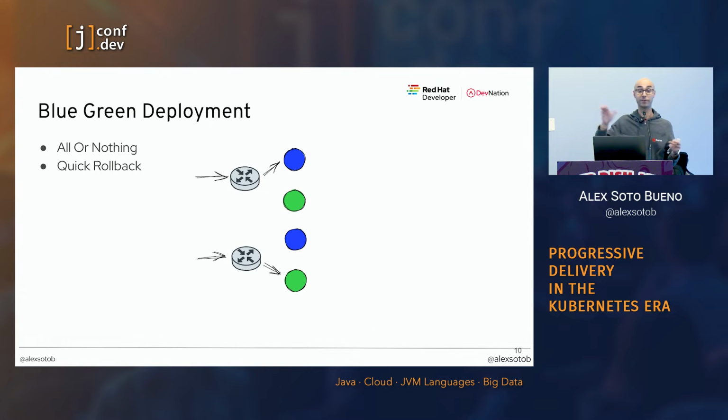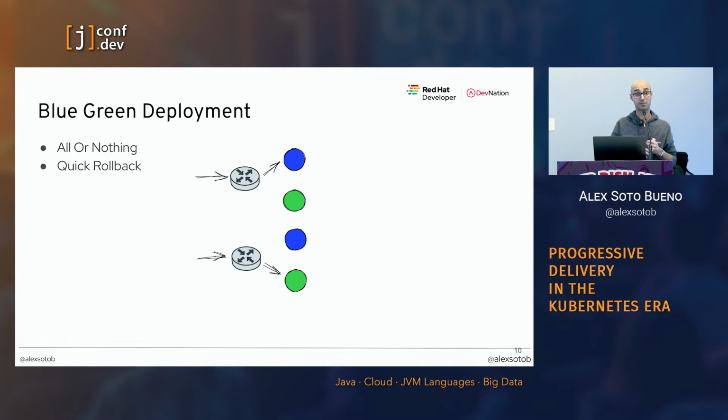The first one is the blue-green deployment. I don't know if most of you already know what blue-green deployment is. It was a technique used especially when we had virtual machines, right? Starting a virtual machine takes a lot of time, and deploying to a virtual machine also takes a lot of time. So what we wanted was something like a blue version, which is the old virtual machine with the old version of your application, and you were sending all the traffic to this virtual machine.